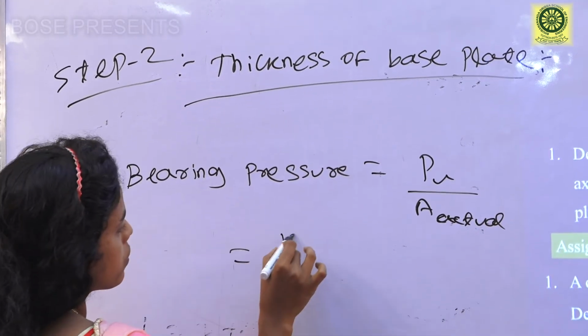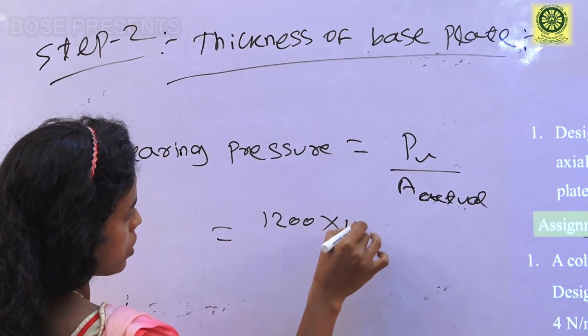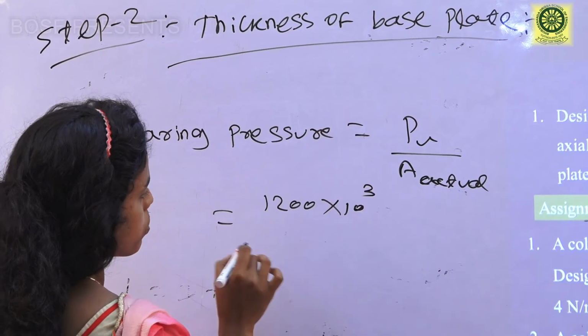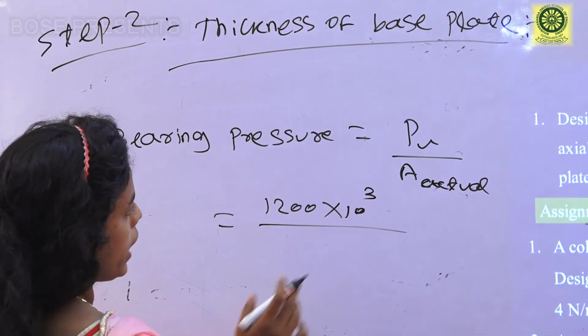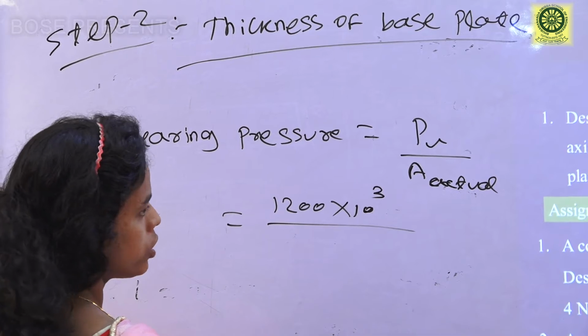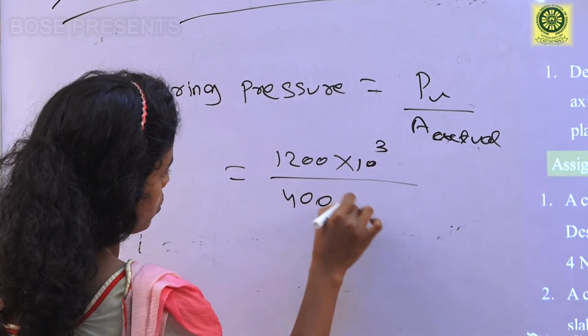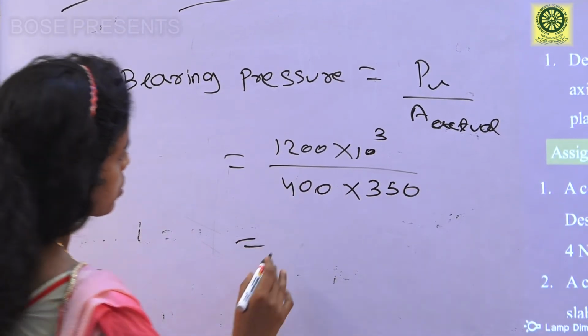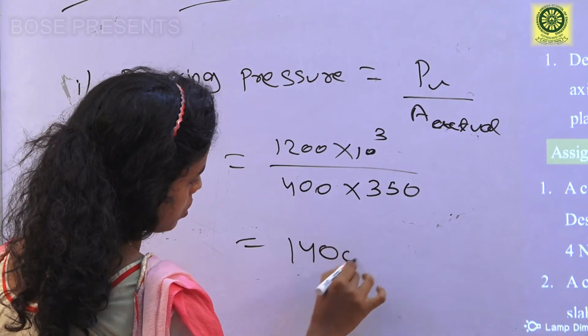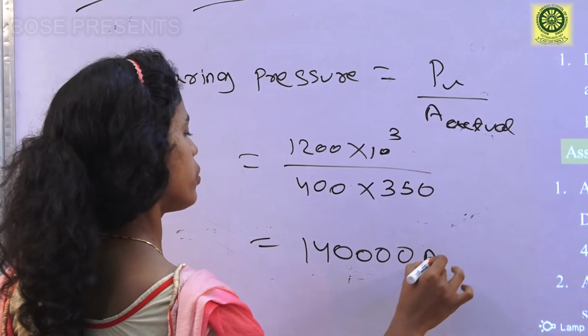So PU here given is 1200 kilonewton. That you need to convert into Newton. Then the actual area we provide is 400 into 350. So that only, 400 into 350. The value comes out 140000 mm square.